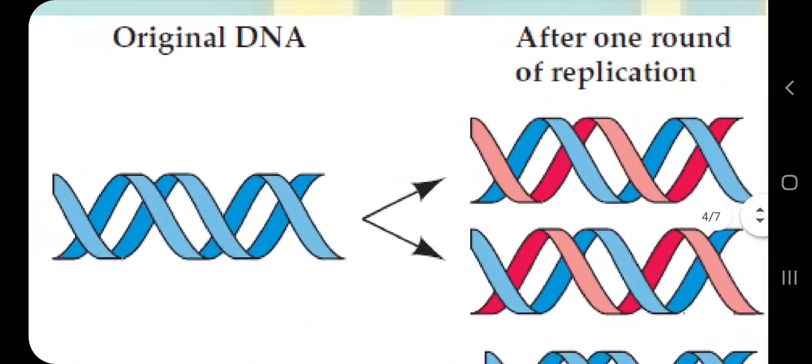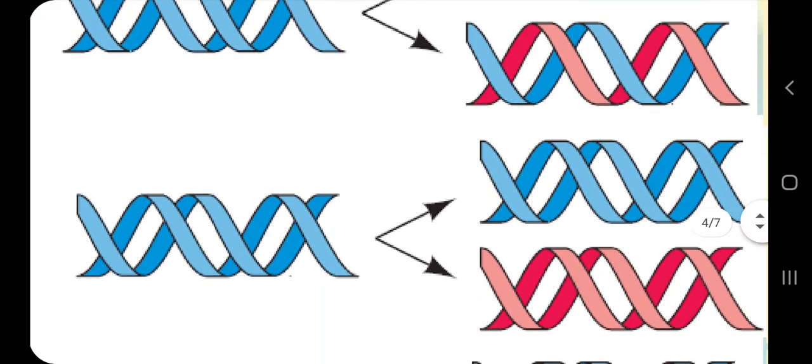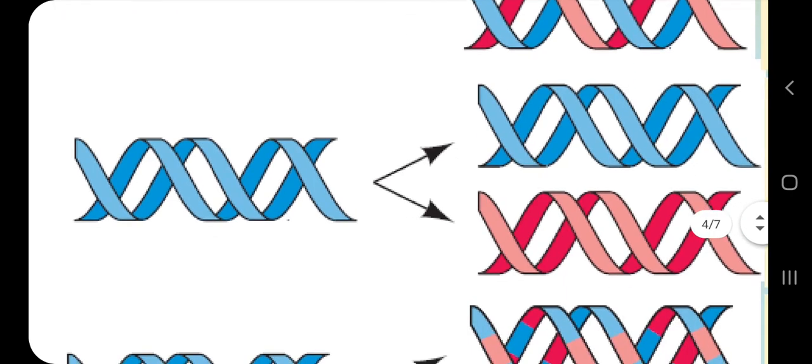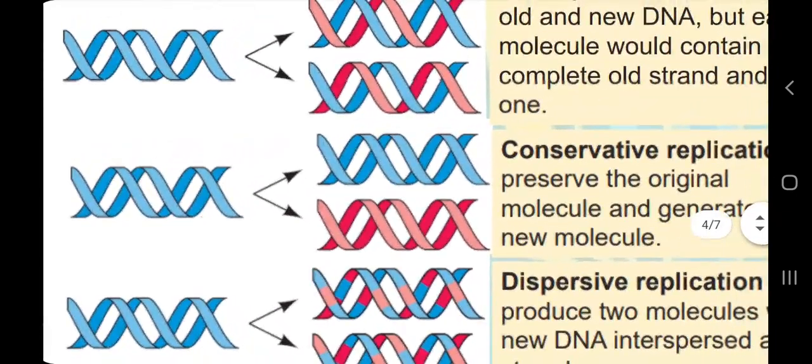In each diagram there was only one DNA and it was duplicated into two DNA molecules. In each diagram the color is shown in such a manner that we can assume that the blue strands are the old ones and the red strands are the new ones. So in these three diagrams there are three possibilities.